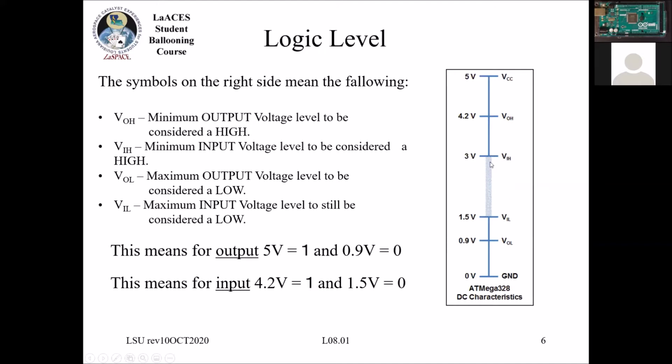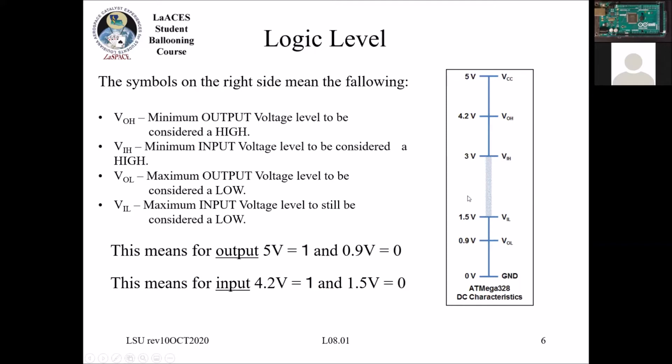And you'll notice that there is a bit of this dead region in there. So that's not going to be considered either a high or a low. And if you actually have that as an input to a logic circuit, it might act weird.